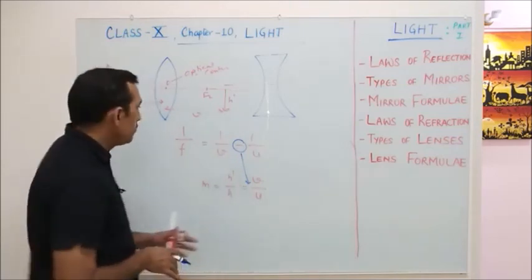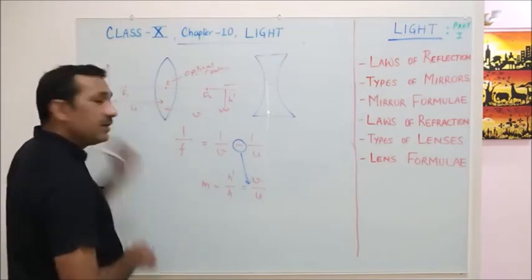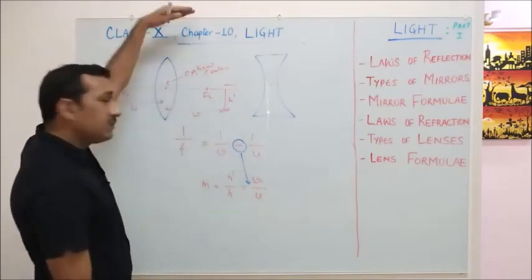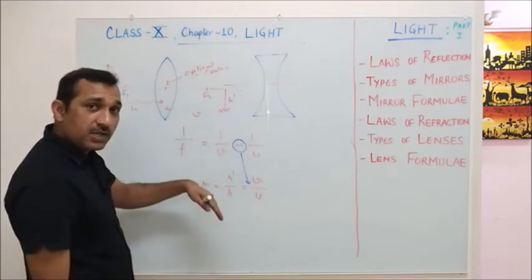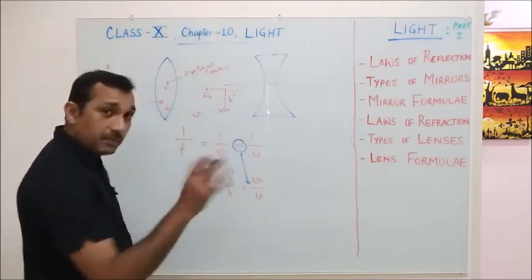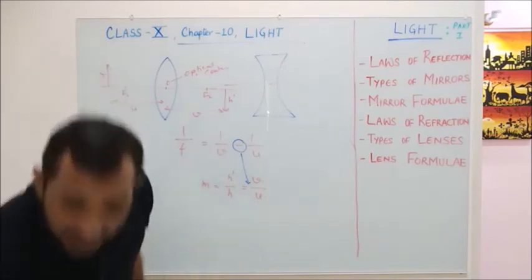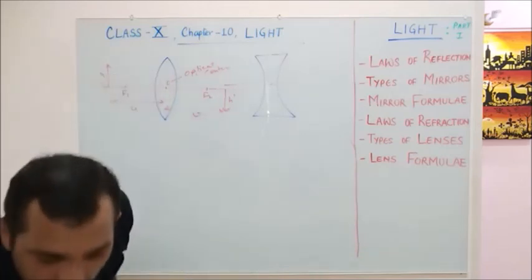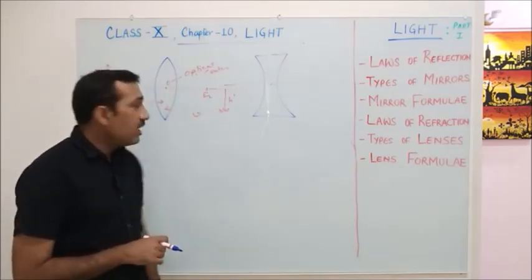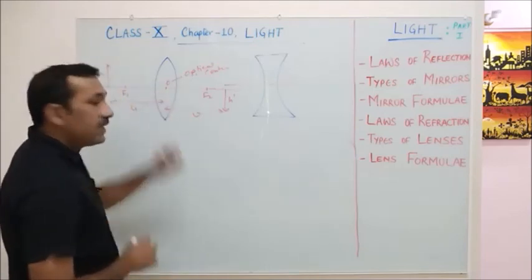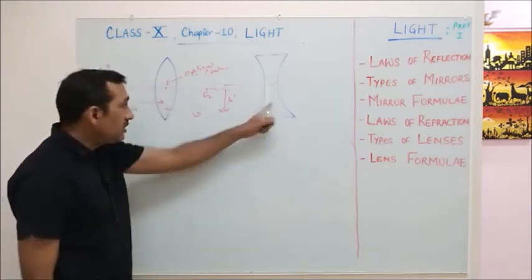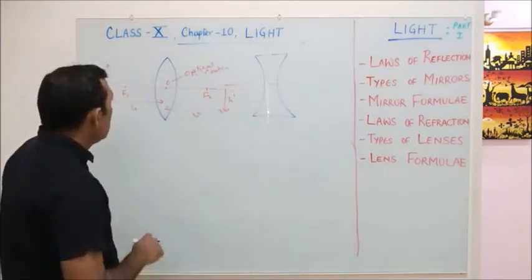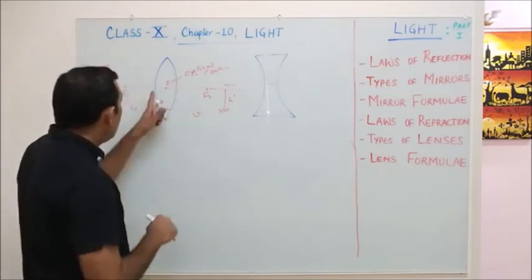The sign convention remains the same, like a mirror. If it is on the left side, minus; on the right side, plus; above the principal axis, plus; below the principal axis, minus. Now the confusion is in which case the focal length will be plus. How to remember? It's very simple. Again, look only at the left surface.